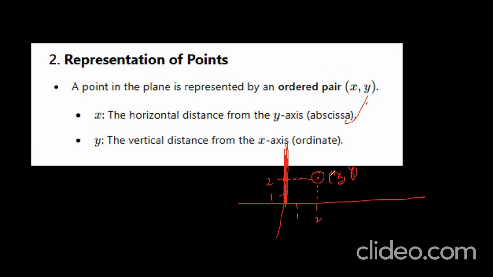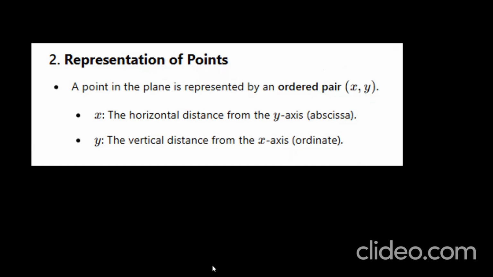The vertical distance from the x-axis, if you draw the vertical line, can be called the y-coordinate or the ordinate. Abscissa and ordinate are the two important terms present in an ordered pair, or I can say the x-coordinate and y-coordinate.